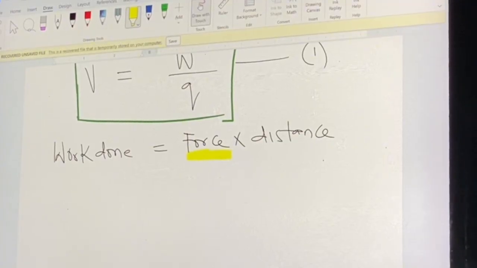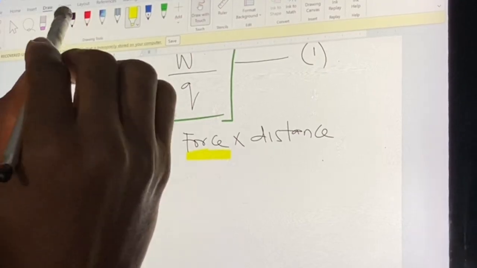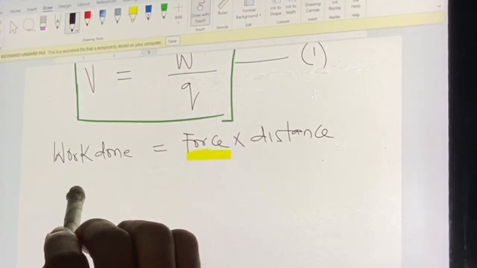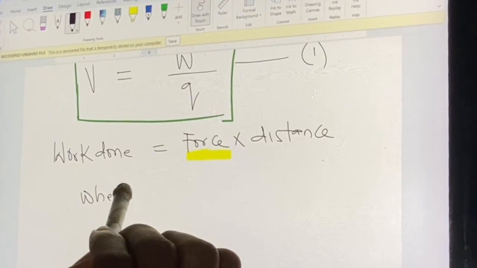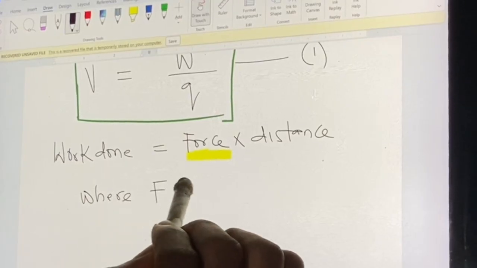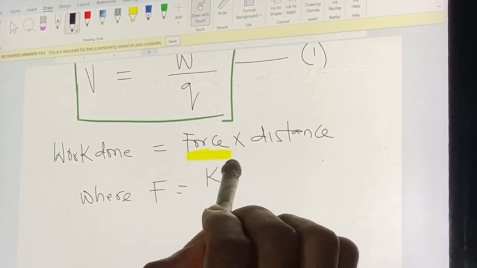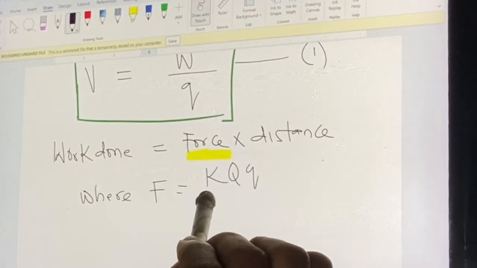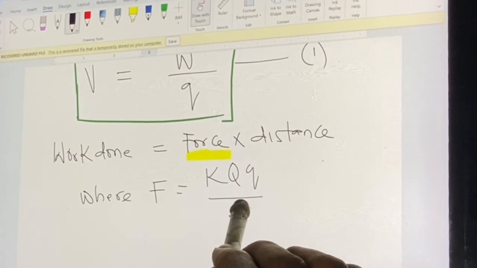Since we are treating electricity here, the force F is equal to K Q q over r square.